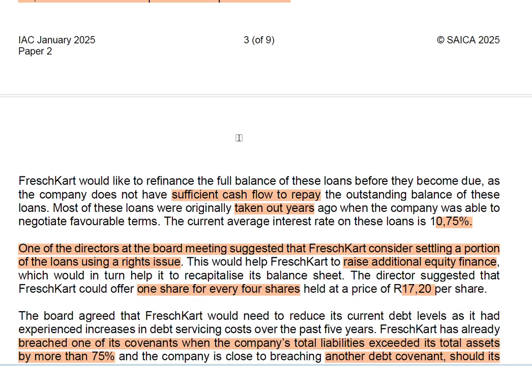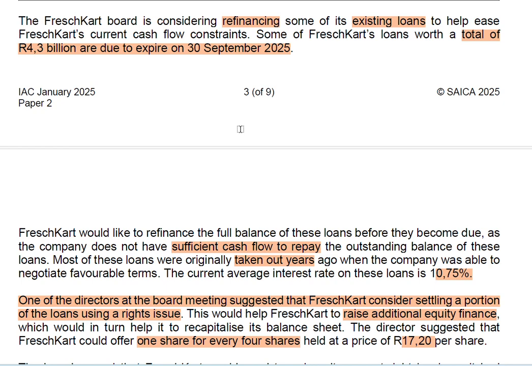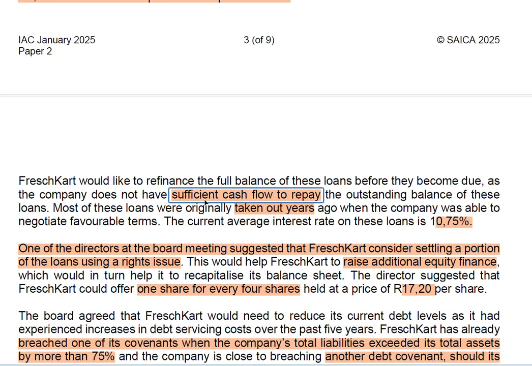Why do they need to refinance? It's because they don't have sufficient cash to repay the loan. And we know those loans were taken out years ago. During the time when they took out those loans, the company was less geared. So if it's less geared, chances of getting a lower interest rate were high at that point.